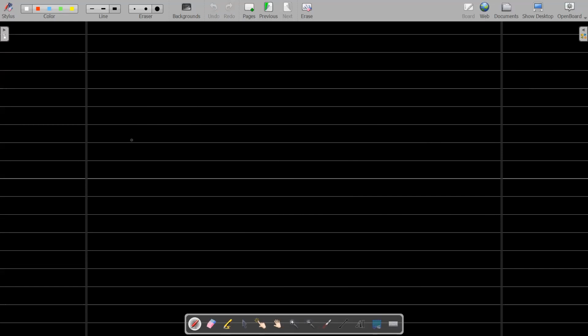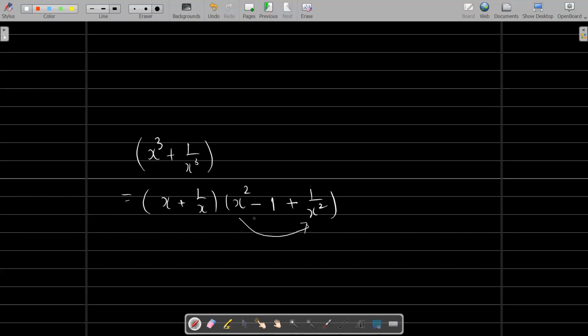Because essentially for x cube plus 1 by x cube, the formula is x plus 1 by x into x square minus x into 1 by x, that is 1, plus 1 by x square, right? So basically now we have got the value of x square plus 1 by x square. We need the value of x plus 1 by x, right?